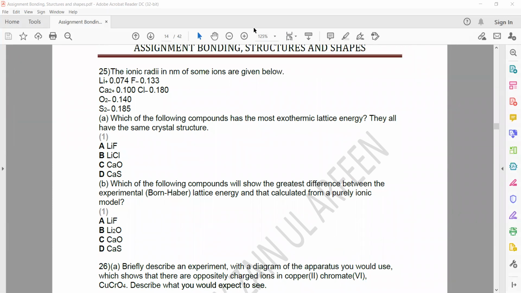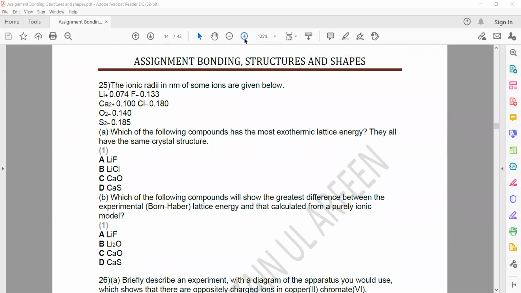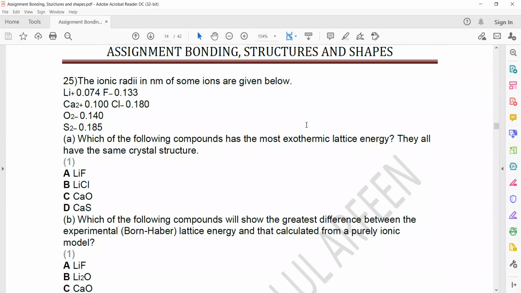Moving on to the next question. The ionic radii in nanometers are shown for lithium, fluorine, calcium. Which of the following compounds has the most exothermic lattice energy? Like, which will have the highest lattice energy? So to have the highest lattice energy, their charge should be big and the size should be small.